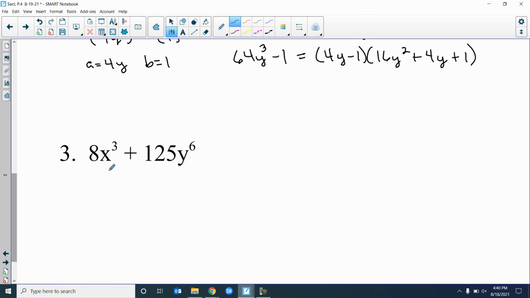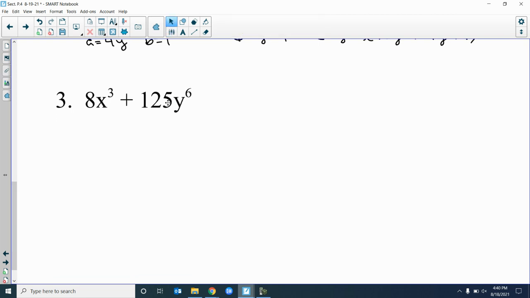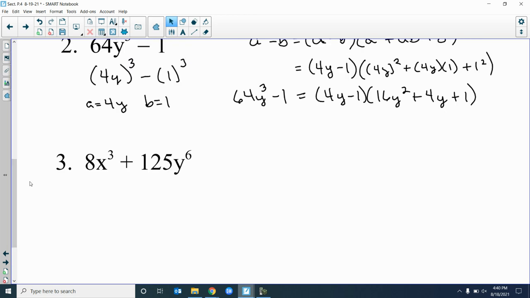All right, this one gets a little bit, I guess, more complicated. It might not be as obvious as the other two. That is a difference of cubes, sorry. Cannot be squares because of the x cubed. Now, what cubed gives me 8x to the third power? 2x to the third power does.